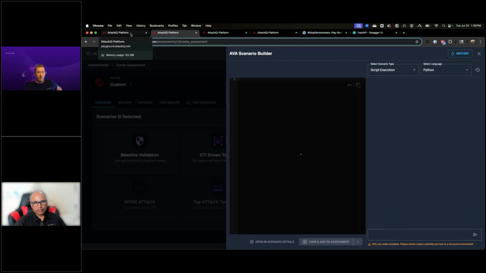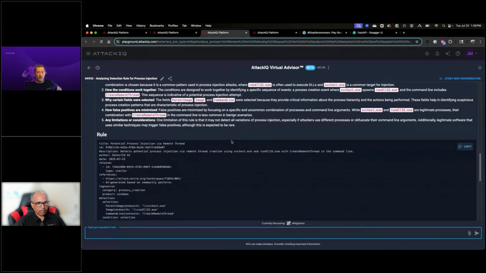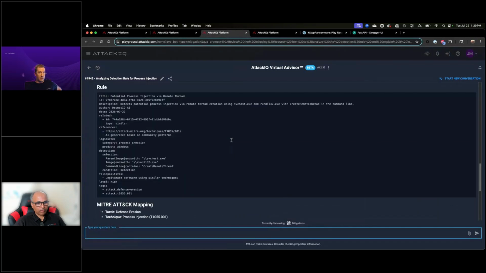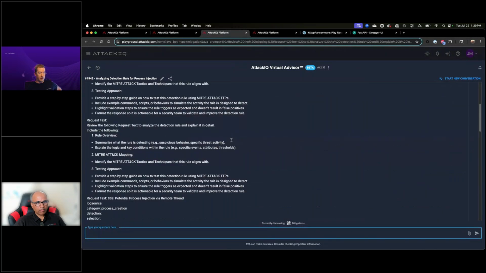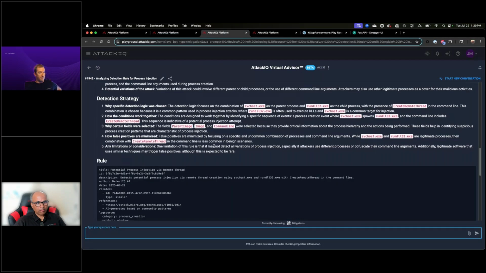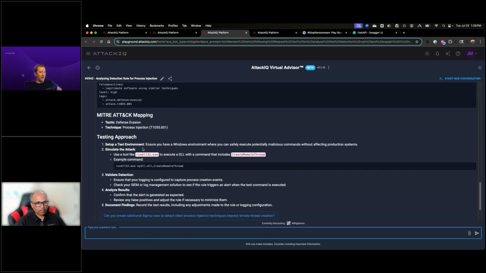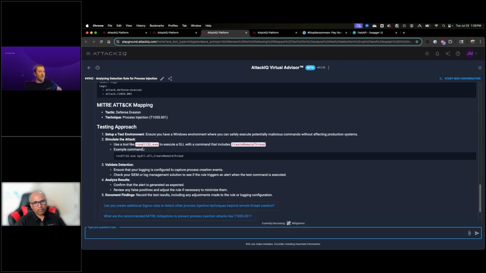I also want to go back and take a look at the other screen that we had open here. And look, here is my full explanation that Ava was giving me about this kind of threat. What's her analysis about it? What's the detection strategy for finding this? The rules that are aligned to this, the MITRE ATT&CK mapping for this, the testing approach.